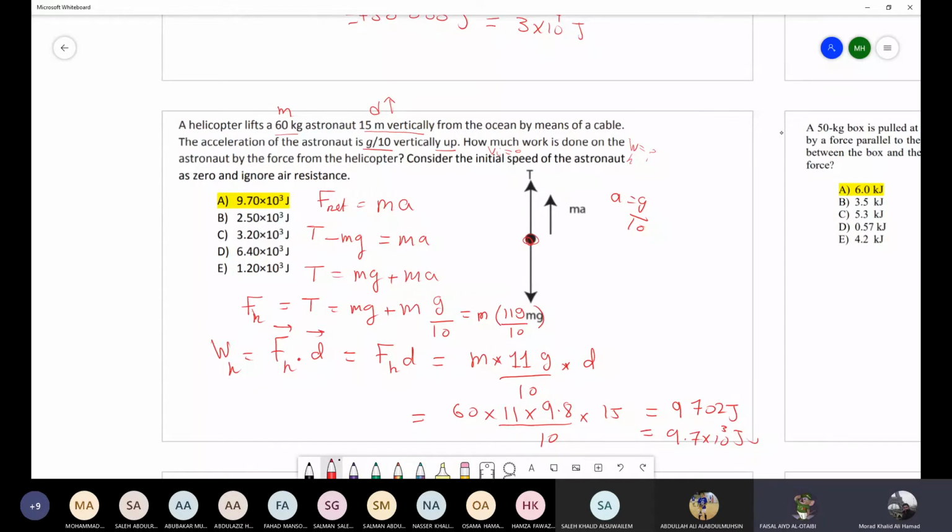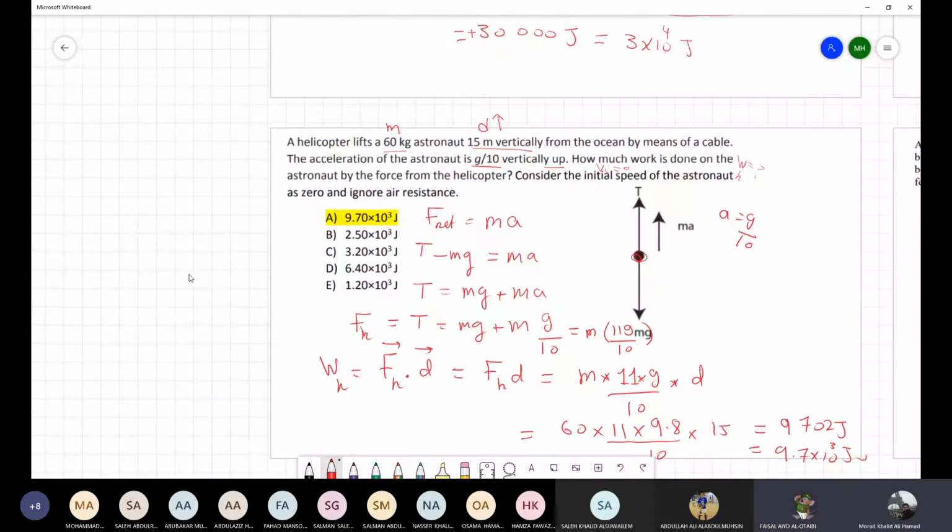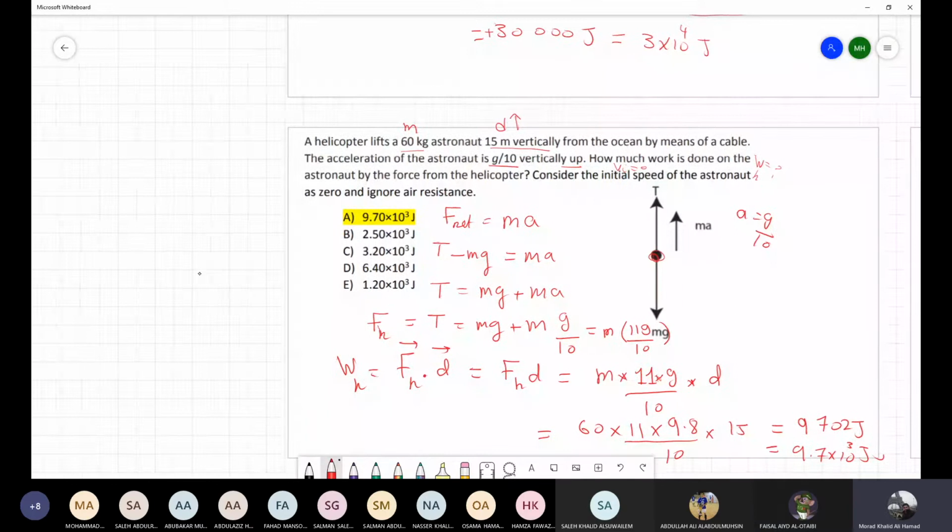Now how did F helicopter become equal to F net? Okay, F helicopter does not equal F net. F helicopter is the tension, exactly the tension. Here we have F net equal to ma. What is the F net? All the forces acting on the astronaut. We have tension up and we have mg down. This equals ma. Now the tension is the F helicopter.